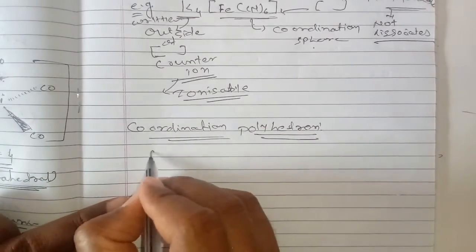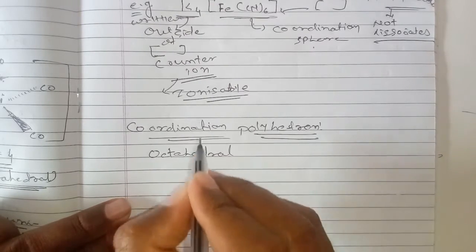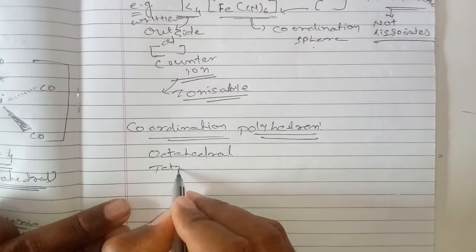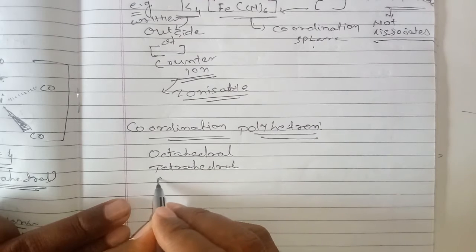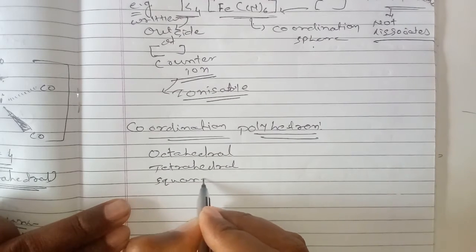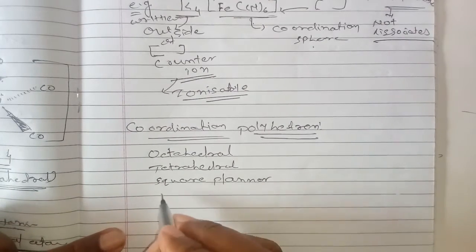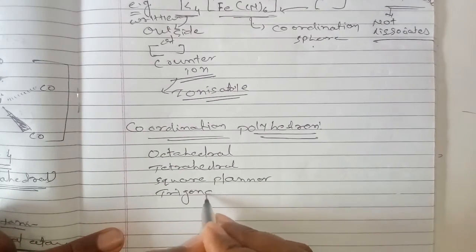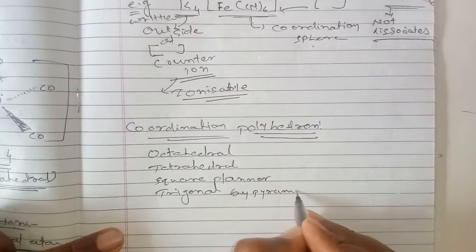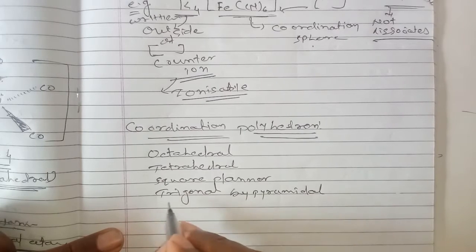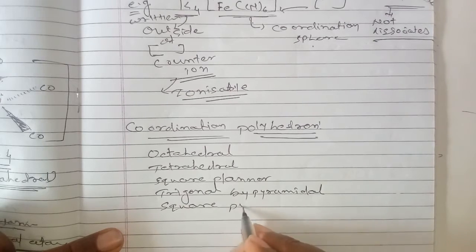They are octahedral, tetrahedral, square planar, trigonal bipyramidal, and square pyramidal.